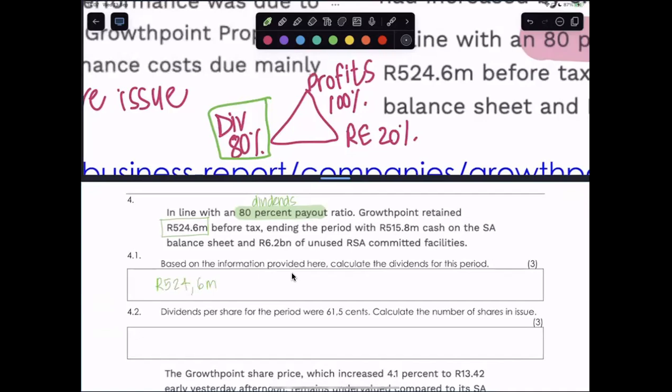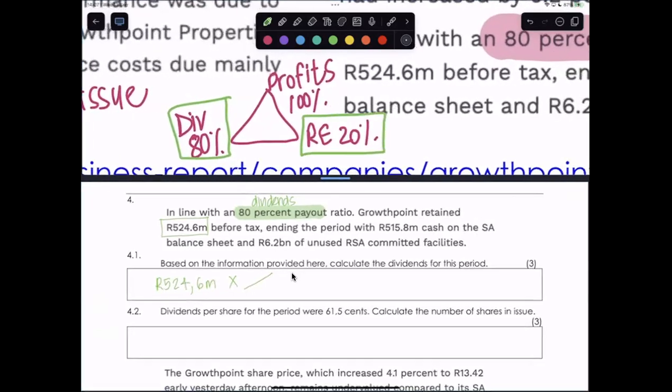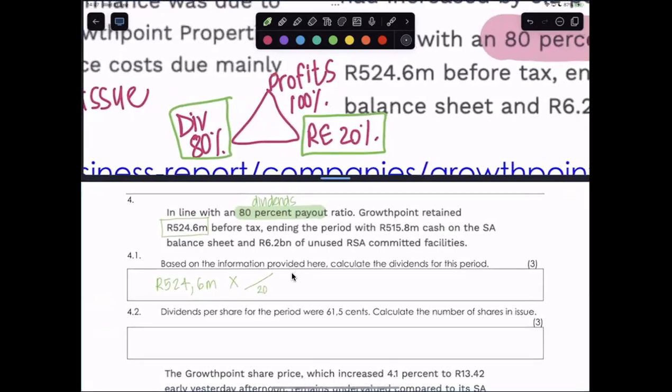Now that amount is the 20% that was retained. So I'm going to put 20 at the bottom, and I want to get the dividends. The dividends will be the 80. And then you can work it out that it would have been 2098.4 million rands that were paid out.